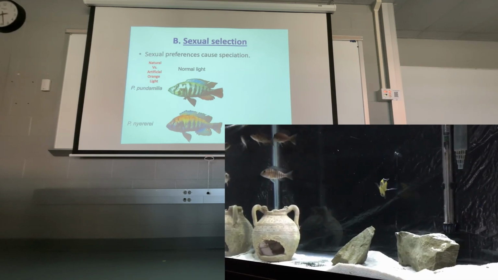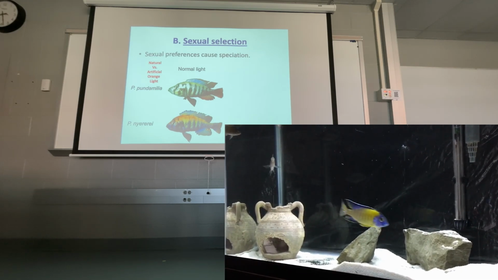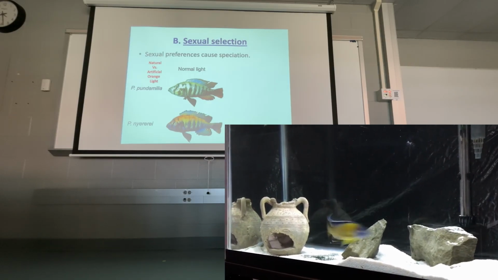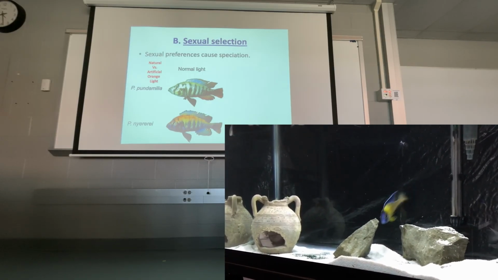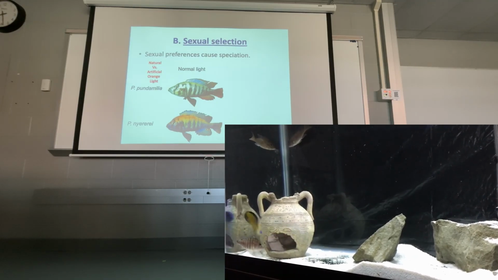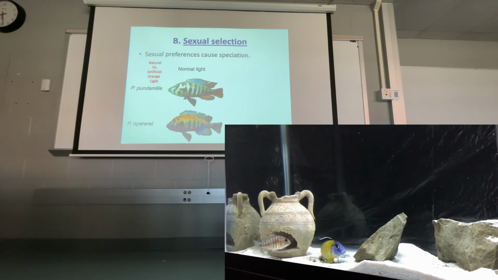Cichlids are a type of freshwater fish you can actually buy at pet stores. They're fantastic. A group of fish that have very interesting behaviors that are fun to watch in the aquarium. Cichlids have a lot of sexual selection across the species on our planet.